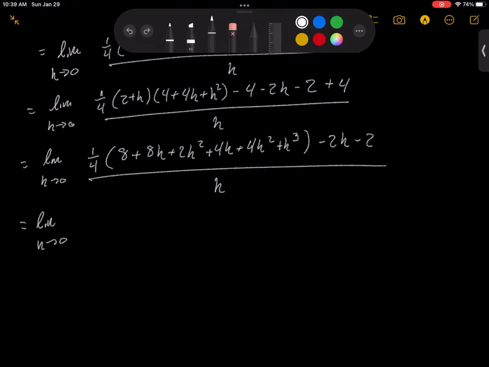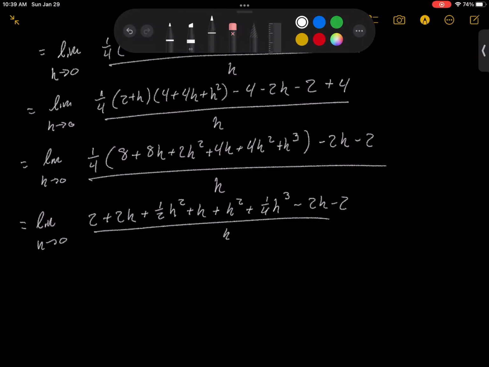So what do we have? We have 2 plus 2h plus 1/2 h squared plus h squared plus 1/4 h cubed minus 2h minus 2, all over h.